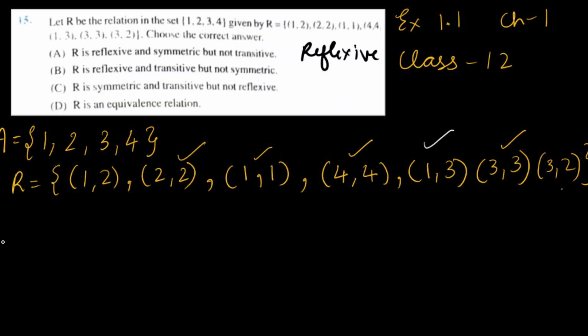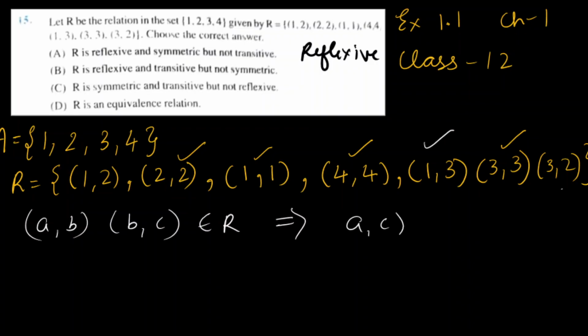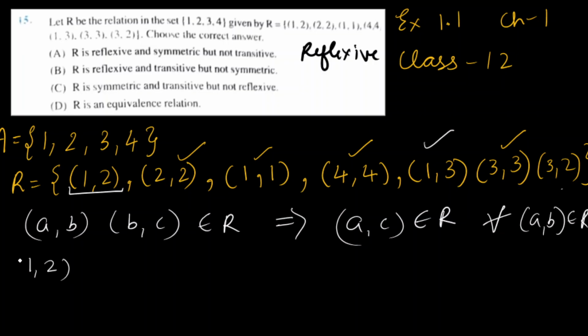Let's check now transitive. For transitive, we know for (a, b) and (b, c) belonging to R, we should have (a, c) also belonging to R. And this should be true for all ordered pairs belonging to R. Let's check (1, 2). Now I have to see if any ordered pair starts from 2. I do have (2, 2). So this is (a, b) and this is (b, c).